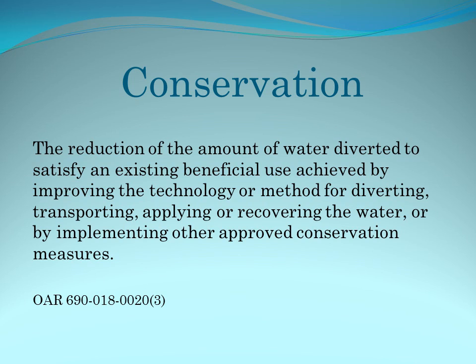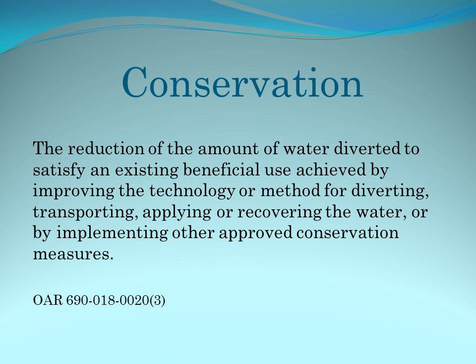To understand how this program works, we need to know what the term conservation means within this program. Conservation is the reduction of the amount of water diverted to satisfy an existing beneficial use, achieved by improving the technology or method for diverting, transporting, applying, or recovering the water, or by implementing other approved conservation measures.